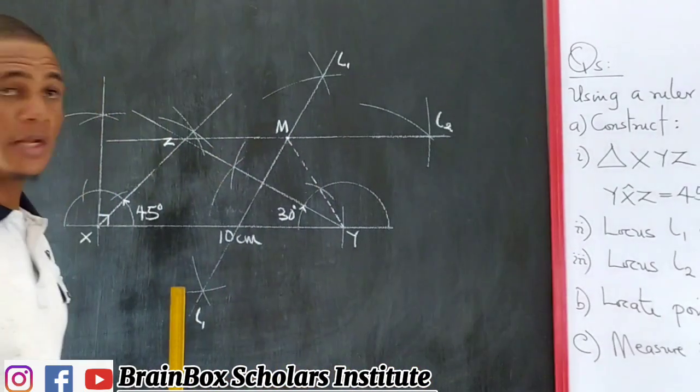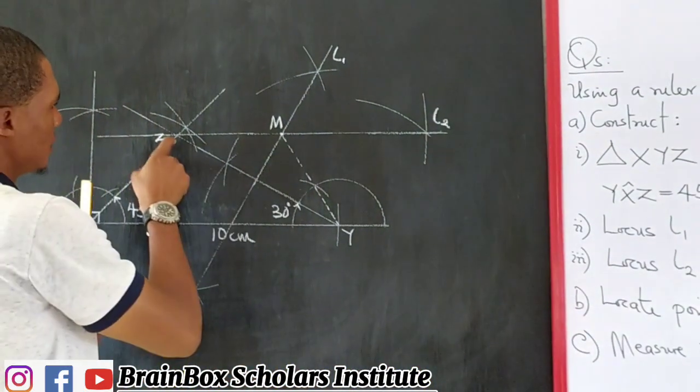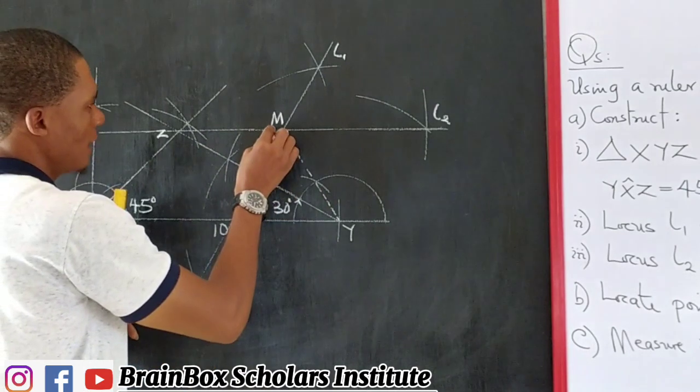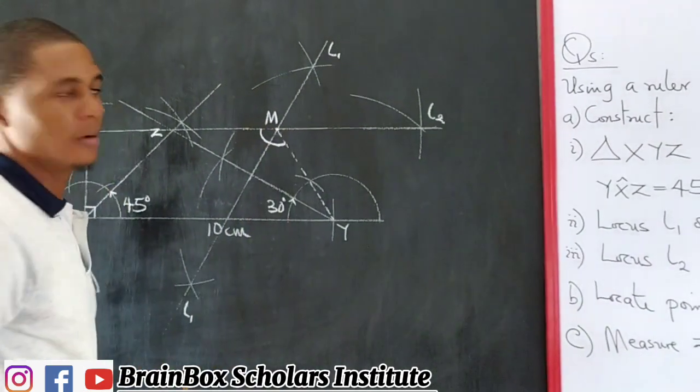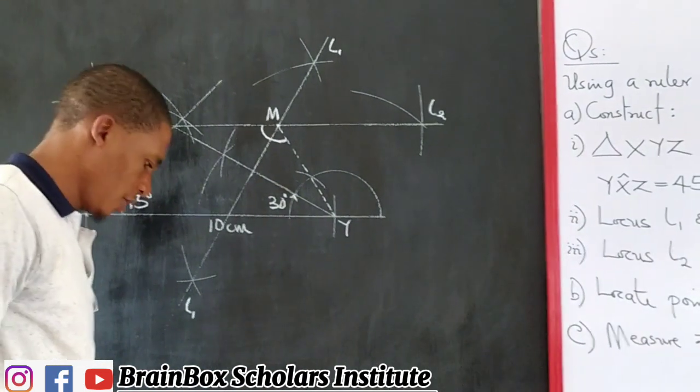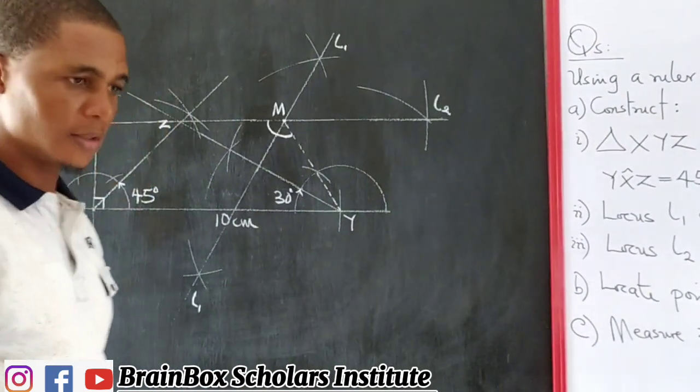Okay, and you see that. So the angle I'm measuring is Z, M, Y. So I have to measure this angle. Okay? Now let's measure and we get the value.